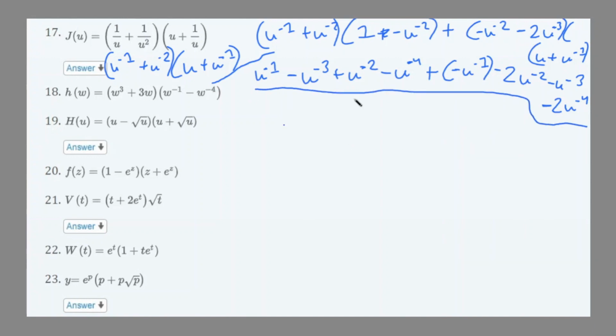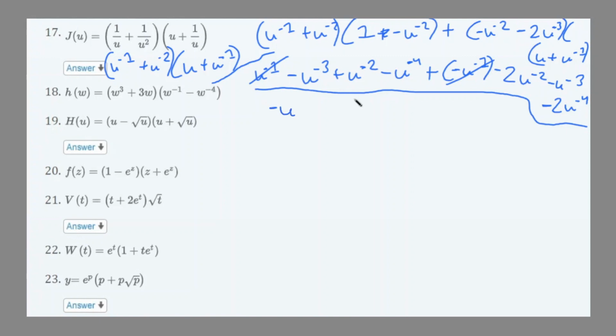Now we have to just add together like terms, and we can put it in a form in which there isn't any negative exponents. So if we do that, we get the negative u to negative 1 power crosses out. We have the negative second power, we have 1 positive, 2 negative.